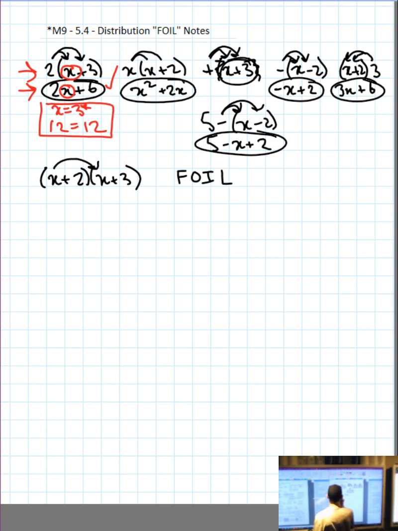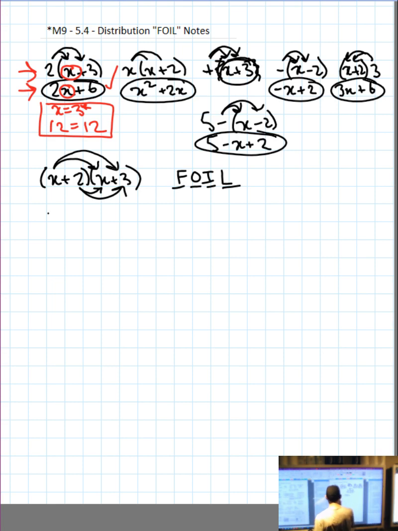First to the first, F. First to the last, outsides, insides, lasts. FOIL. Firsts, outsides, insides, lasts. And notice how pretty it looks.